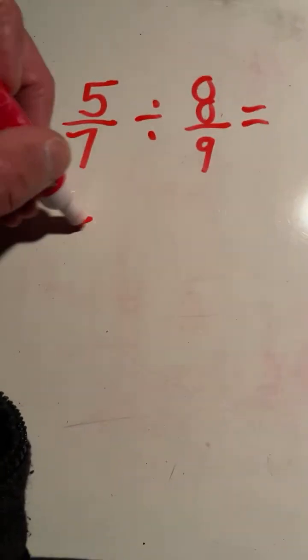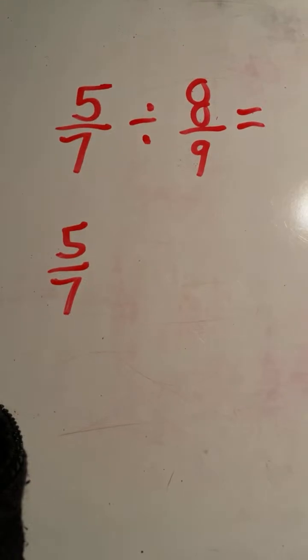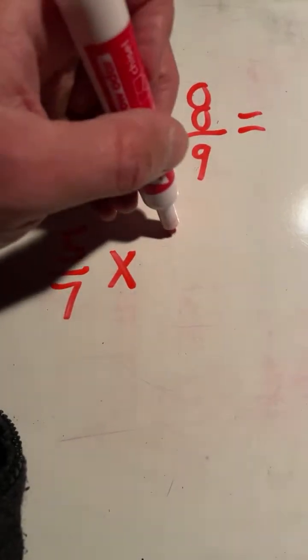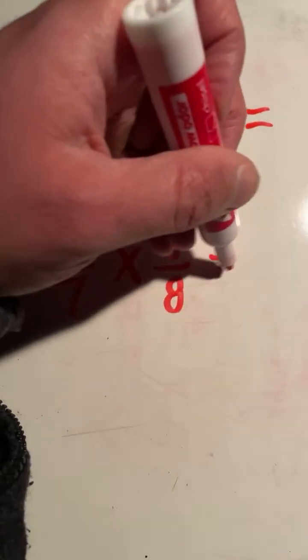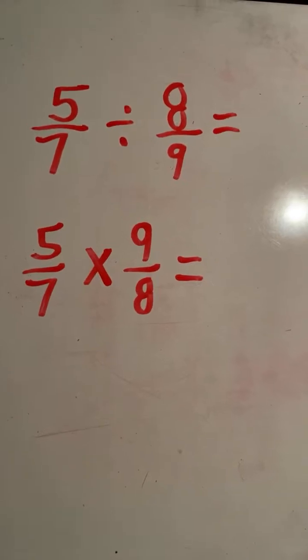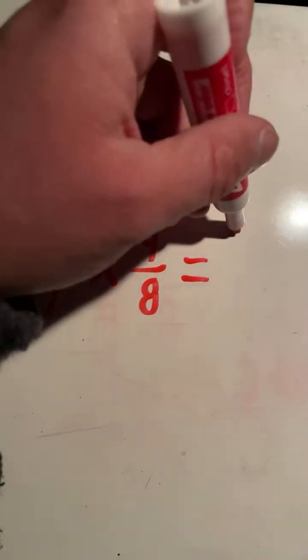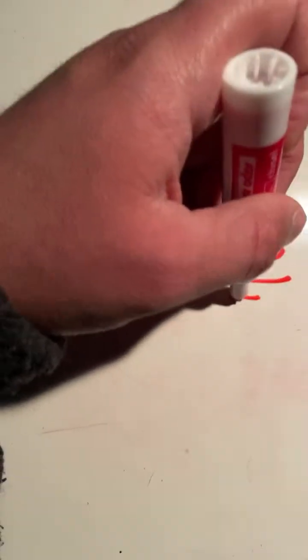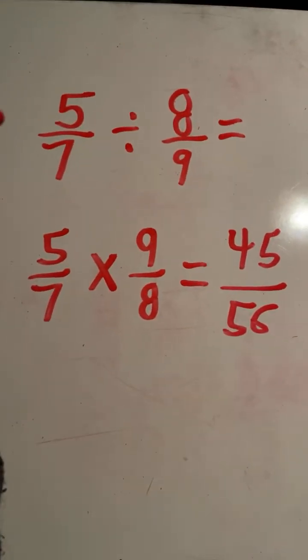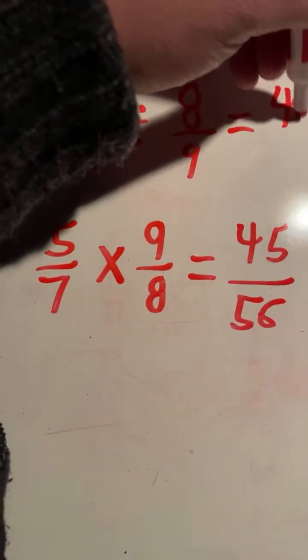Step 1, we keep. 5/7 stays the same. Next we change. Last we flip. 5 times 9 equals 45. 7 times 8 equals 56. And our answer is 45/56.